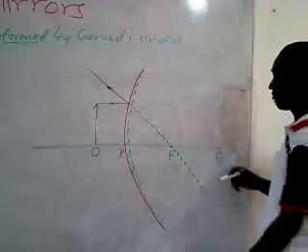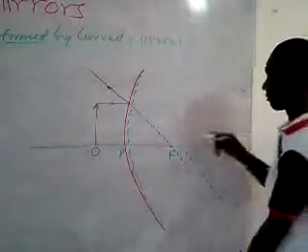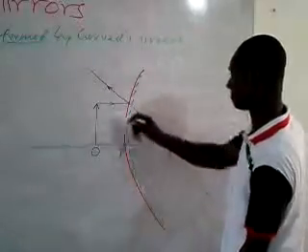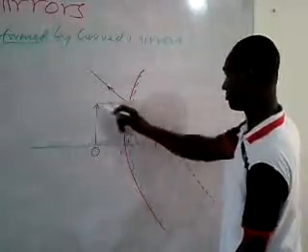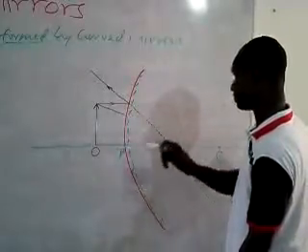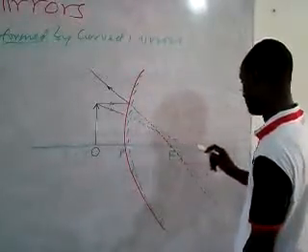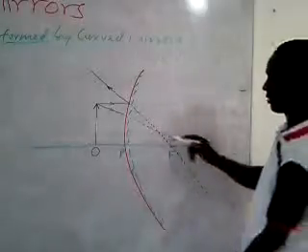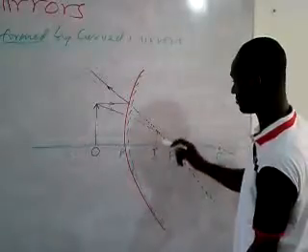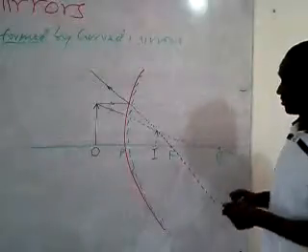And again, some of the rays also pass through the center of curvature. Can also be a virtual ray, then a very small image will be produced this side. That is where the two virtual rays intersect. Smaller image will be formed there.